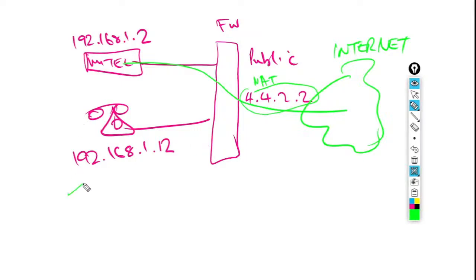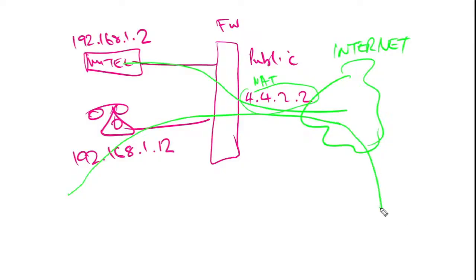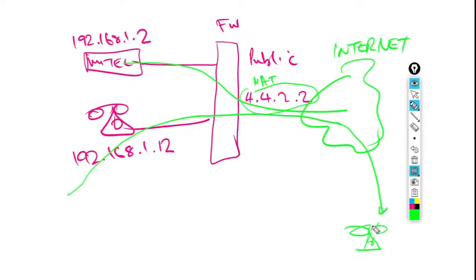Also, at the same time, this phone needs to go to the internet, because it needs to talk to this guy who is out there, and this needs to go to the internet to be able to talk to the provider. So this will also need to use 4.4.2.2, but we can't have two devices using the same IP address.